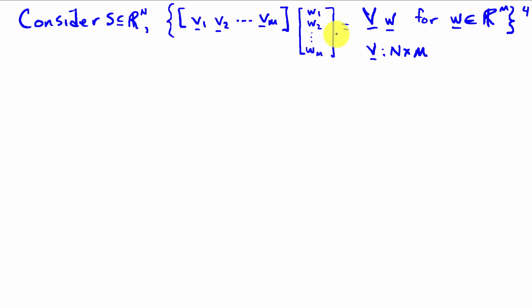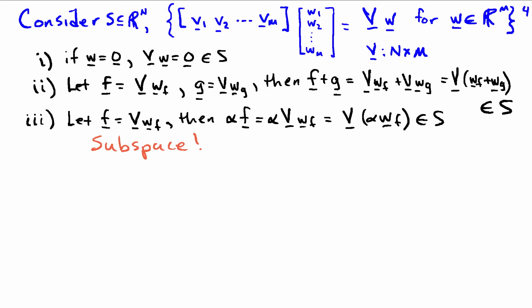I can write that compactly as a matrix V times a vector w, and we'll assume that we obtain this set of points by letting w take on any set of values in m-dimensional space. So V is an n by m matrix. In other words, this space is within R^n, and we have these m degrees of freedom that are associated with the vector w. Again, we can check through our 3 properties.